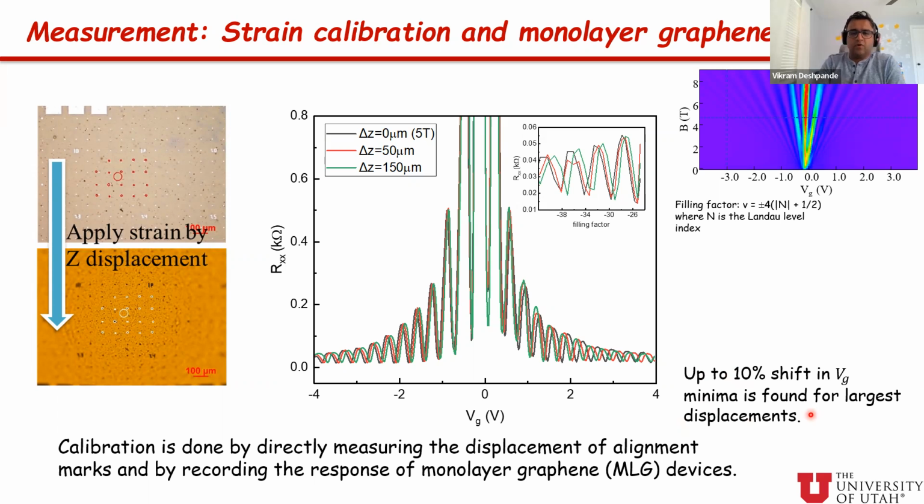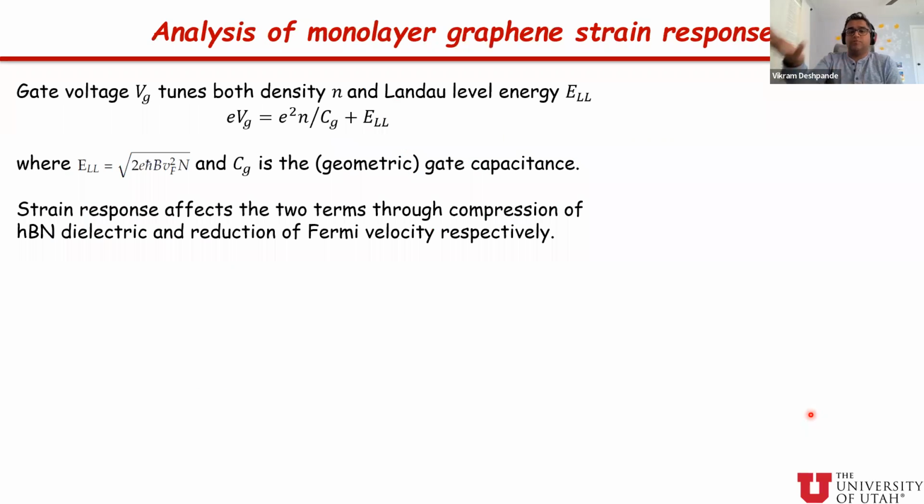Okay, so how do we explain this? Well, basically, the gate does two things to the samples. It changes the charge density in the samples, and it changes the chemical potential of the samples, right? And when you apply strain, both of these mechanisms can get affected. Strain affects the first term purely through the compression of the dielectric, thereby increasing the geometric capacitance of the samples.